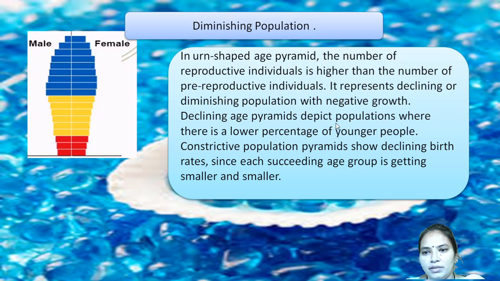A declining age pyramid depicts a population where there is a low percentage of young people. Constructive population pyramids show declining birth rate, since each succeeding age group is getting smaller and smaller. Here we can see that the pre-reproductive age is smaller as compared to the reproductive and the post-reproductive age.